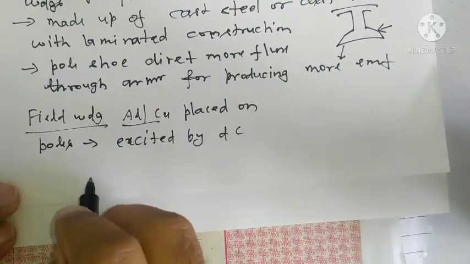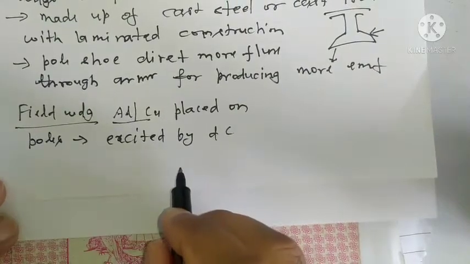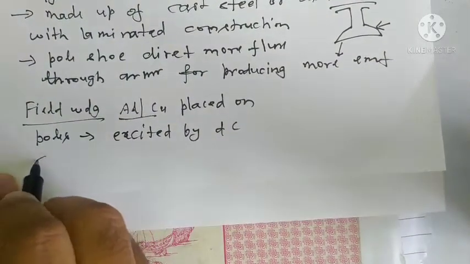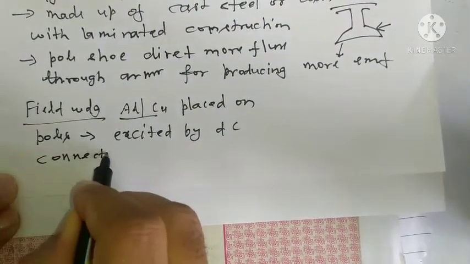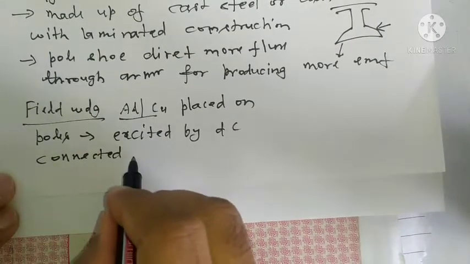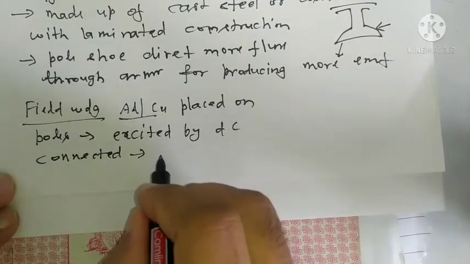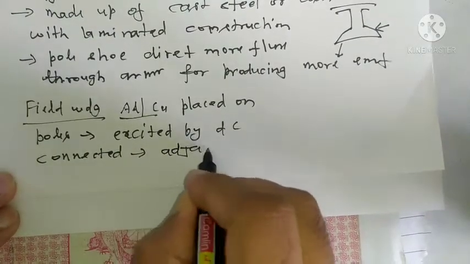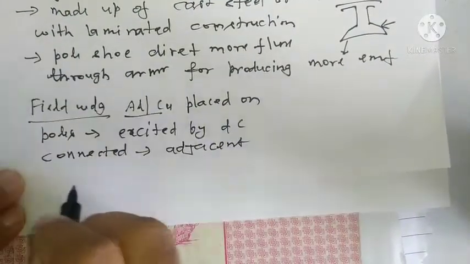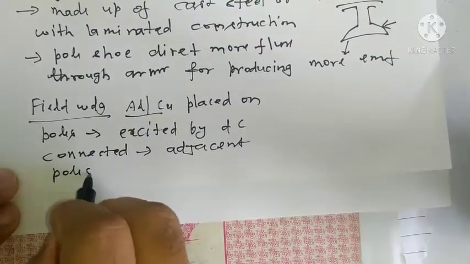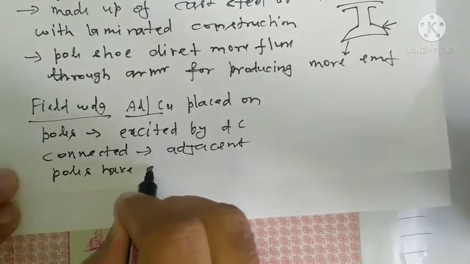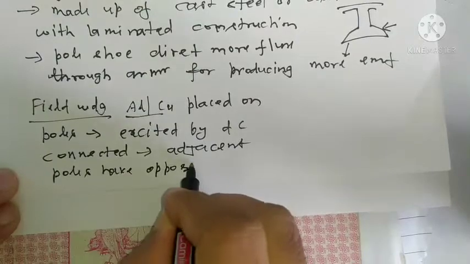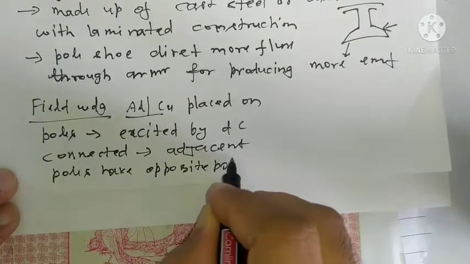These windings are connected in such a way that adjacent poles have opposite polarity.